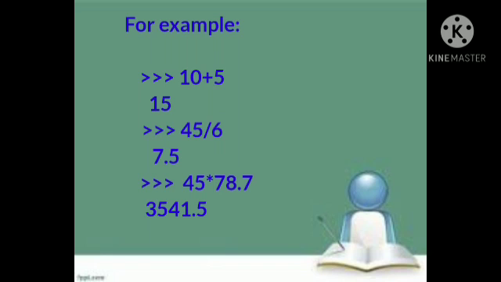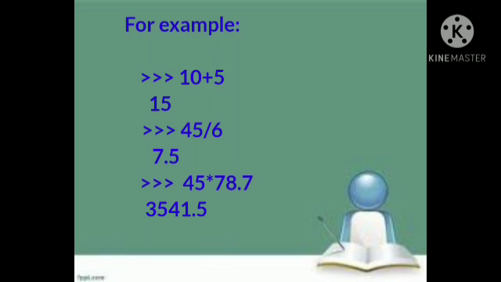Now, here in an example, you can see that after the command prompt, we have written 10 plus 5 next to the Python prompt, and in the next line we get the result, that is 15. Then we gave the next command after the command prompt, 45 divided by 6, and we got the result 7.5.